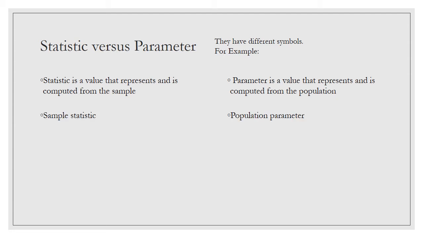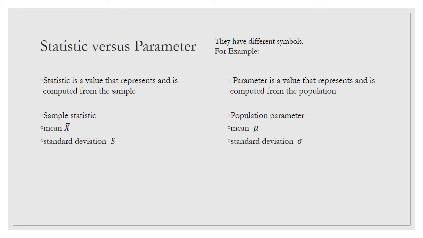So for our statistic, for the mean, you'll often see X bar. For our parameter, for the population, you'll often see that symbol, which is mu. It looks like a little U there, but it's called mu. The standard deviation we'll often see represented by an S when it's a statistic.